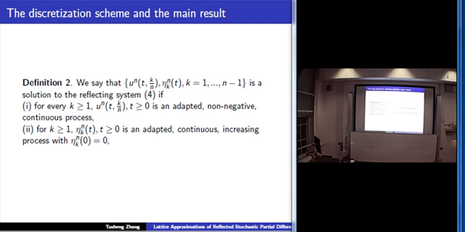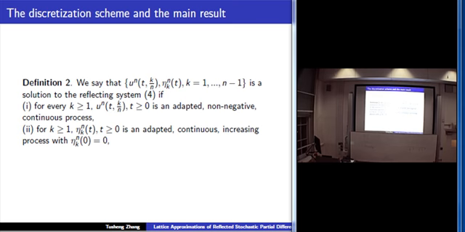Now let me give the definition of the system. This n minus 1 dimensional process is a solution of the above system if, for each k, each component u_k is an adapted, non-negative, continuous process, and eta_k for each component is an adapted, continuous, increasing process, the local time.